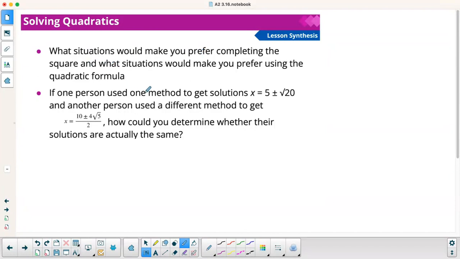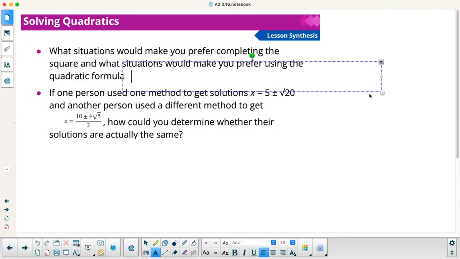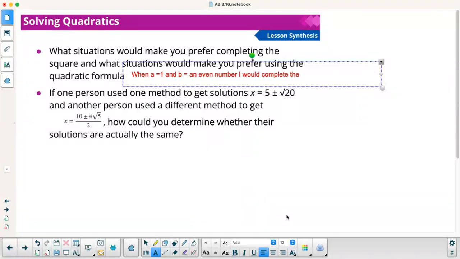So what situations would make you prefer completing the square, and what situations would make you prefer using the quadratic formula? We kind of already hit on that a little bit earlier. So I would say when a equals 1 and b equals an even number, I would complete the square.